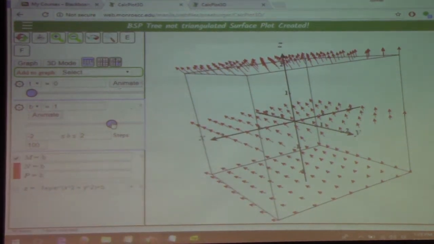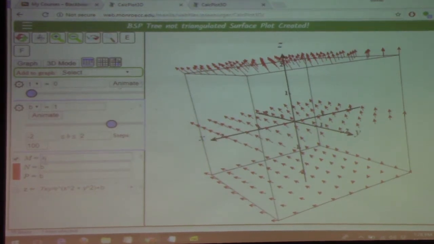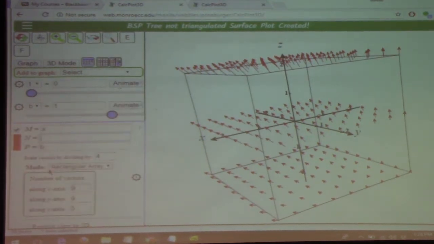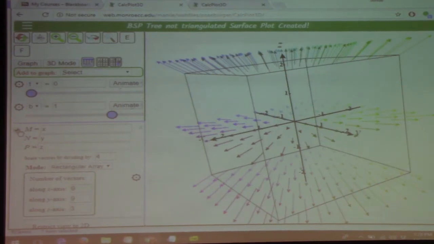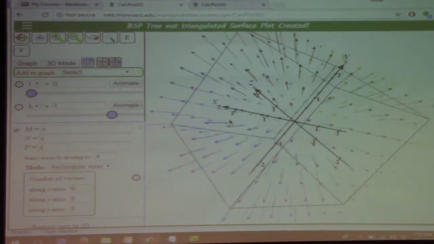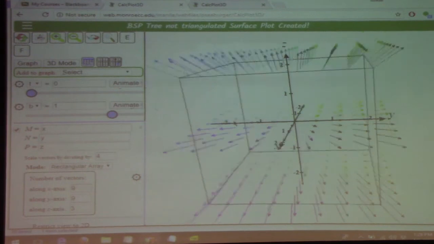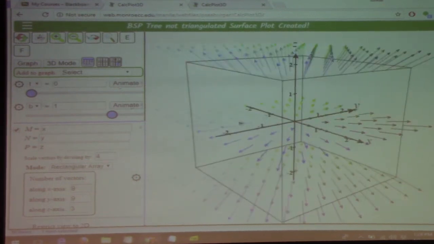Let me try a different one. Or you could look at x, y, z, right? What would this thing look like? Does that make sense? See if I can keep it like that for a second. So the xyz vector field, it's 0 at the origin, right?